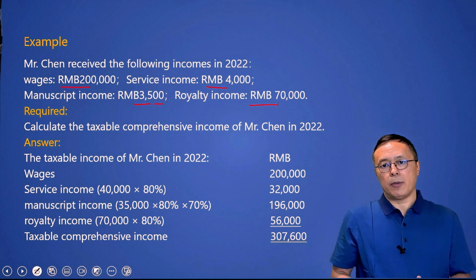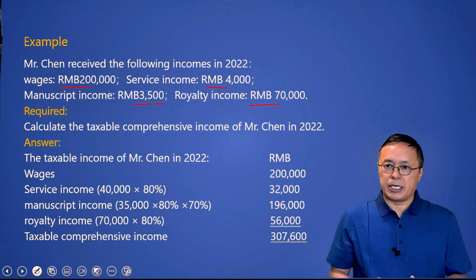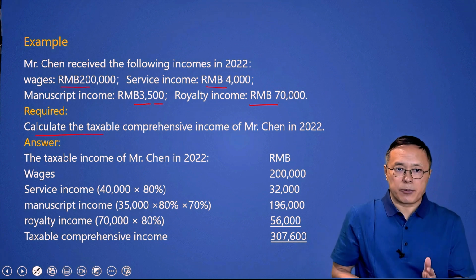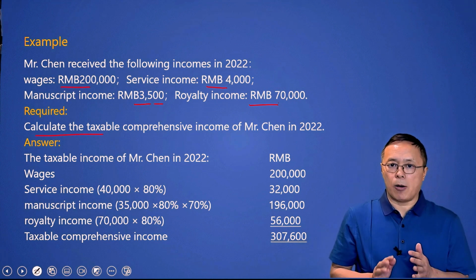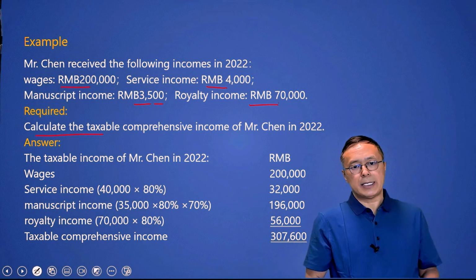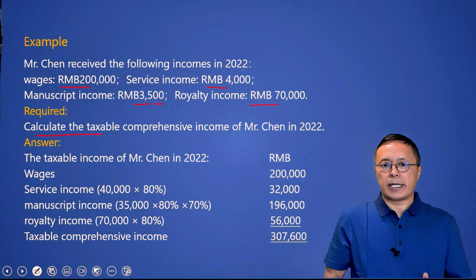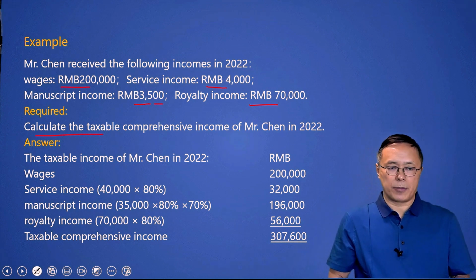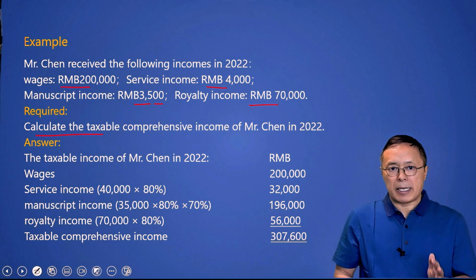These four types of income all belong to comprehensive income. Required. Calculate the taxable comprehensive income of Mr. Chen in 2022. So, based on the rules for each type of net income in the table above, we calculate the following. The taxable income of Mr.